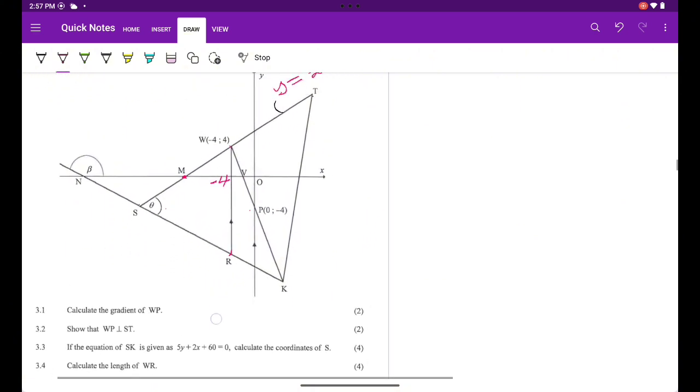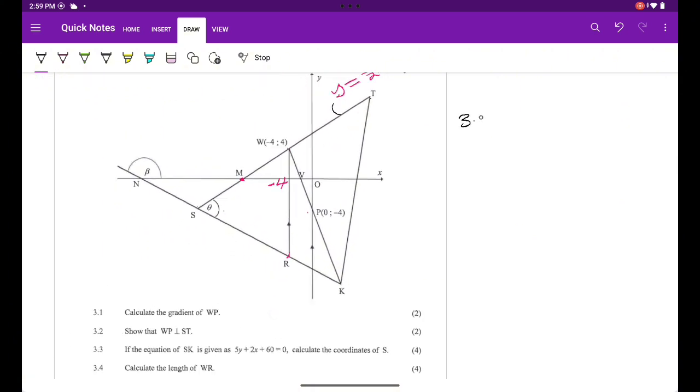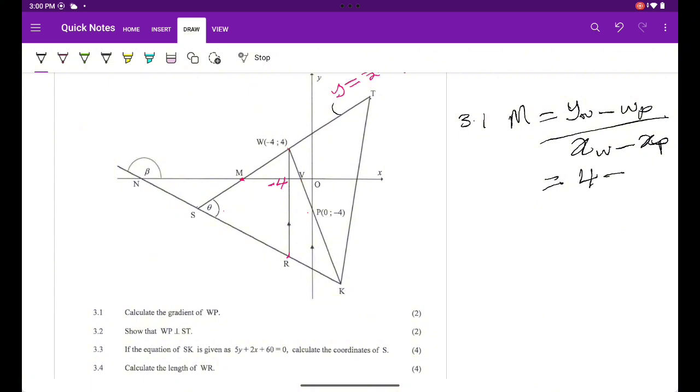3.1: Calculate the gradient of WP. Gradient is m, so y at W minus y at P, divided by the x value at W minus the x value at P. At W, the y value is 4, minus at P, the y value is -4. Please include the negative.